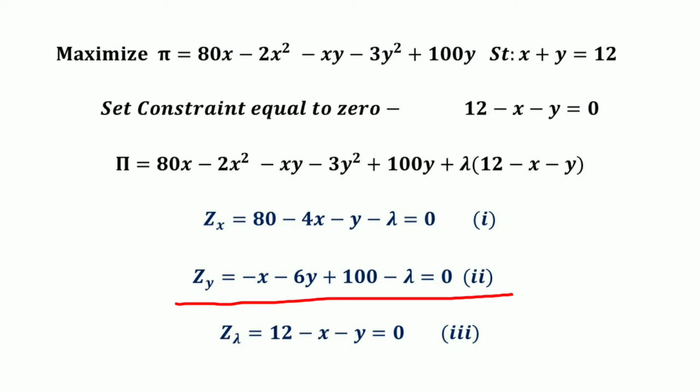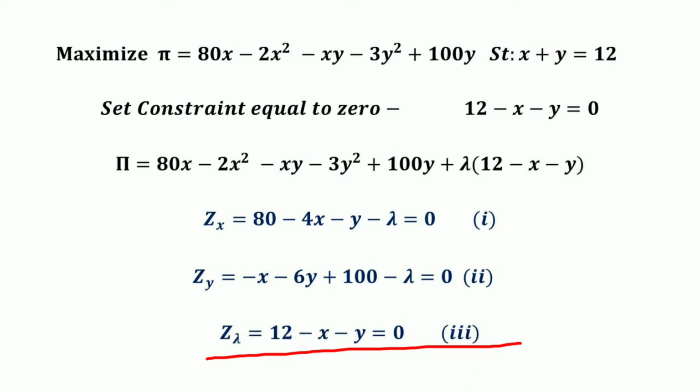Then we differentiate the function with respect to y, and it will become minus x minus 6y plus 100 minus lambda is equal to 0, which is the second equation. Similarly, differentiating the Lagrangian function with respect to lambda, it will become 12 minus x minus y is equal to 0, which is the third equation.